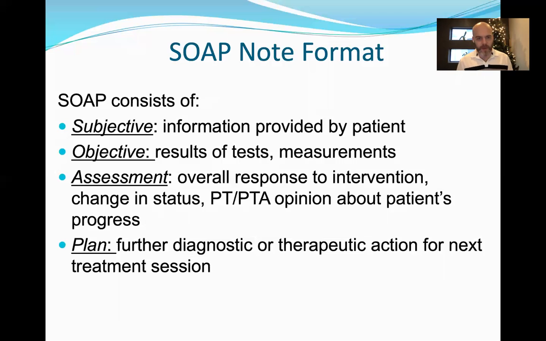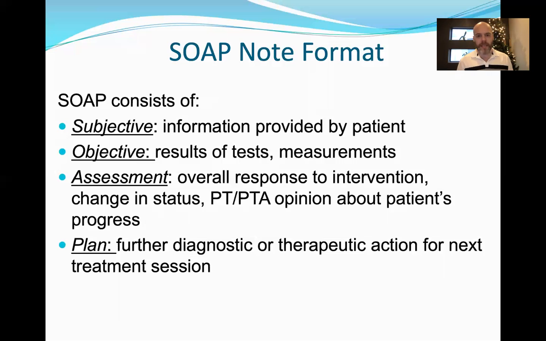You need to say something about their change in status, like patient was able to lift 2 pounds extra with upper extremities, or patient remains at same status as last visit in regards to functional goals or transfers or strength. And then you need to say something about your opinion about their progress.